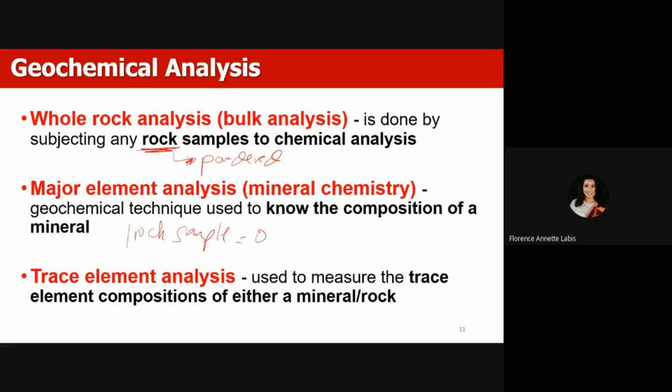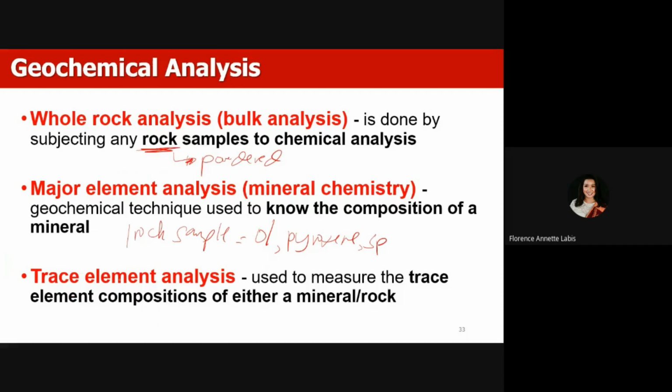You analyze olivine, you analyze, let's say, a pyroxene, or an accessory mineral that is spinel. So it's one by one, per mineral, while whole rock is per rock. Okay, so that is the difference. Third, trace element analysis.